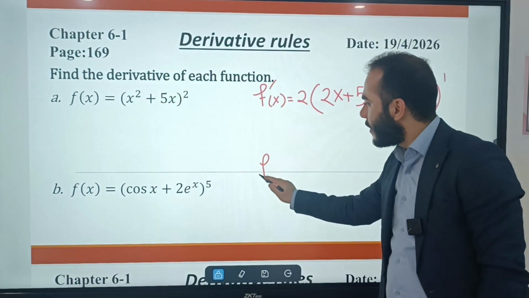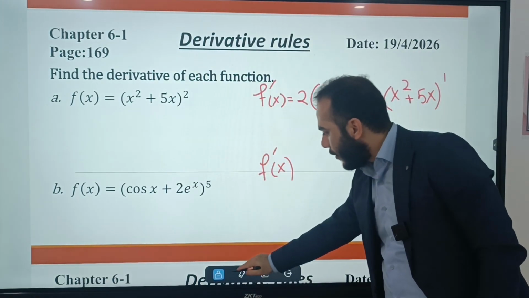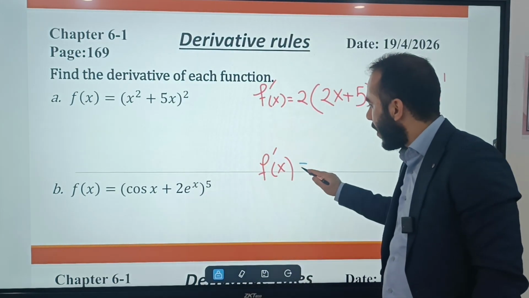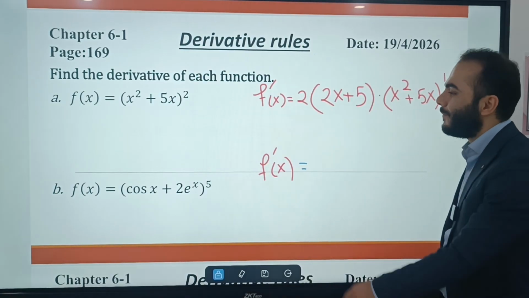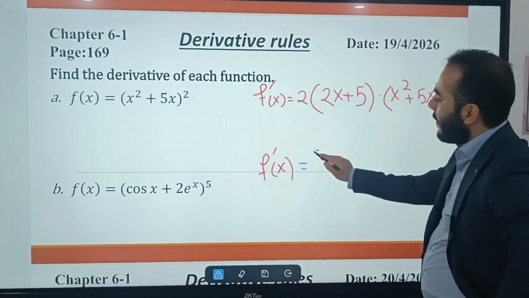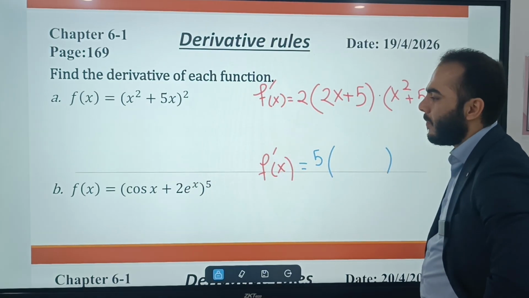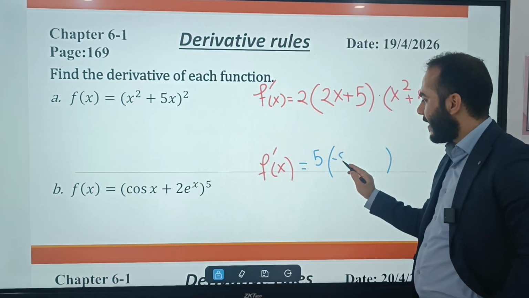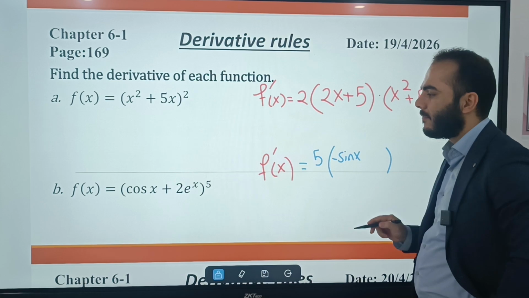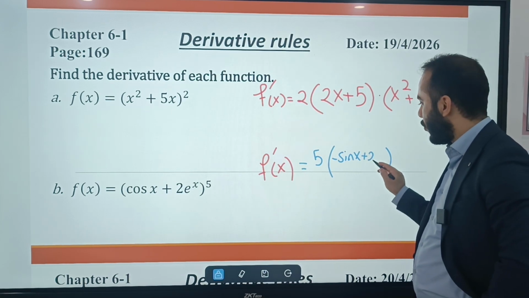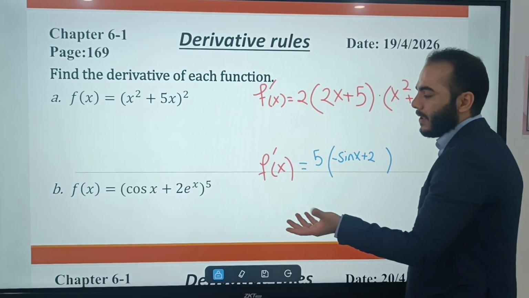F prime of x here. Those students who are saying that derivative is hard, watch this video. 5 comes down, that is 5. Times, open this bracket please, derivative of cosine, negative sine x, plus 2, write 2, rewrite it.